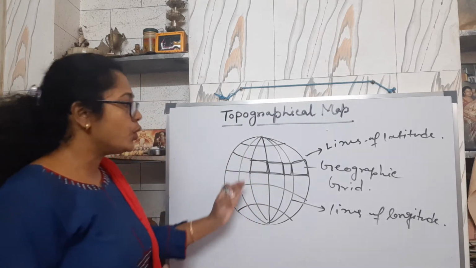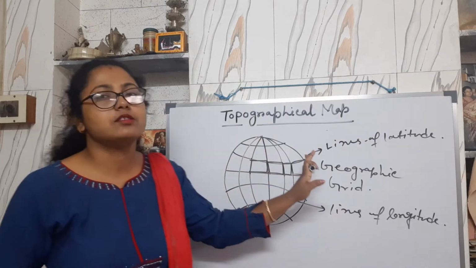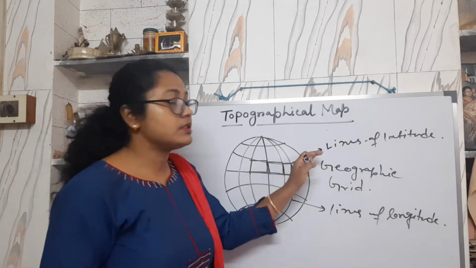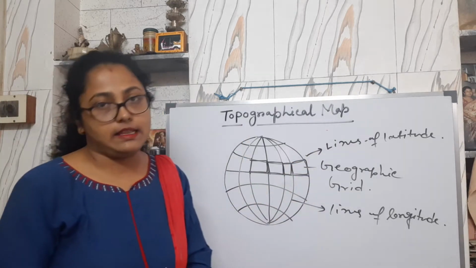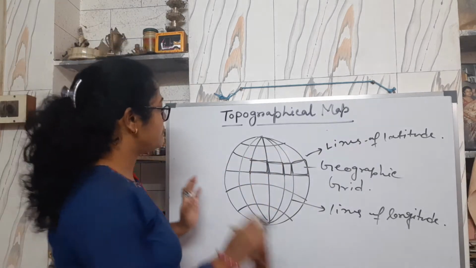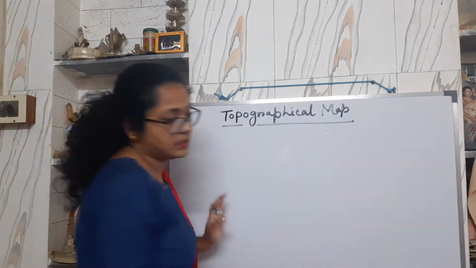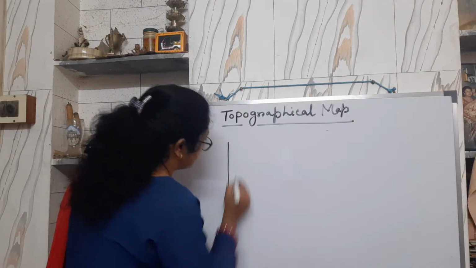As I have told you, geographic grids are formed by the intersection of the lines of latitude and lines of longitude. Lines of latitude are the horizontal lines, lines of longitude are the vertical lines. In the case of a topo map, the grid reference system also comprises grids.